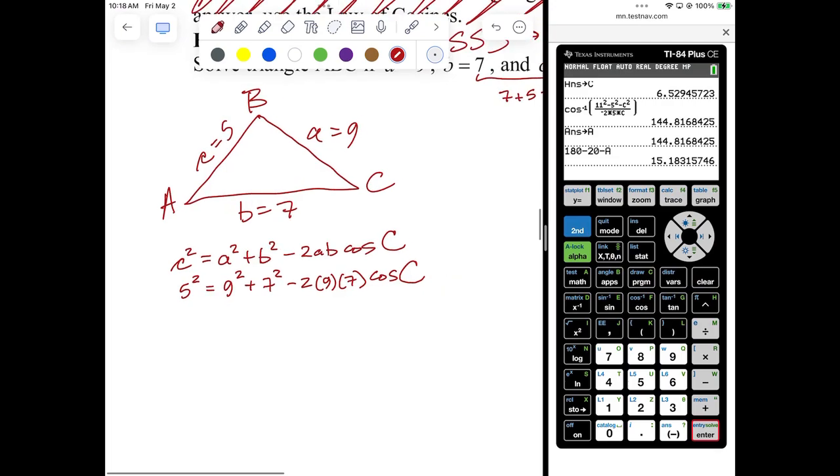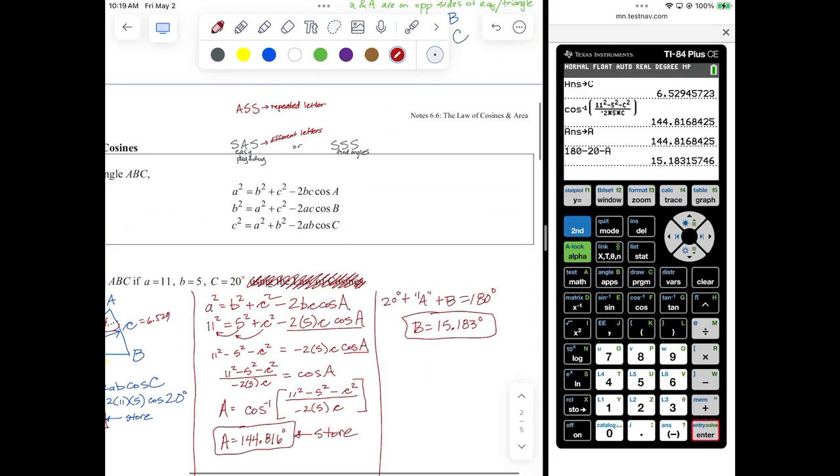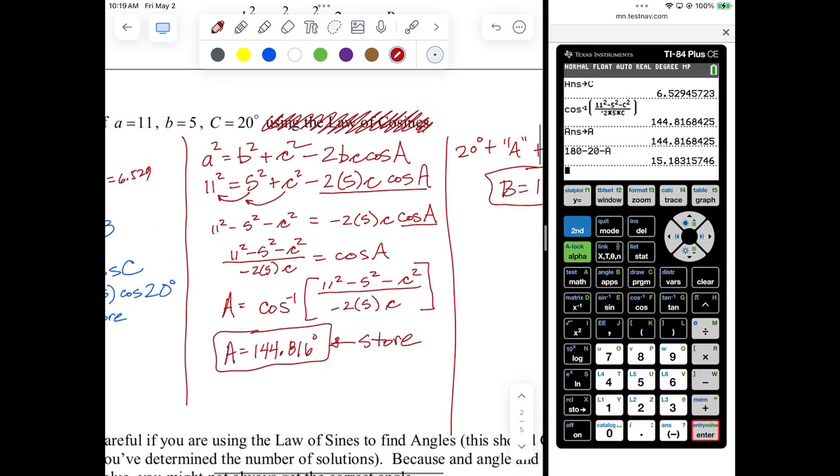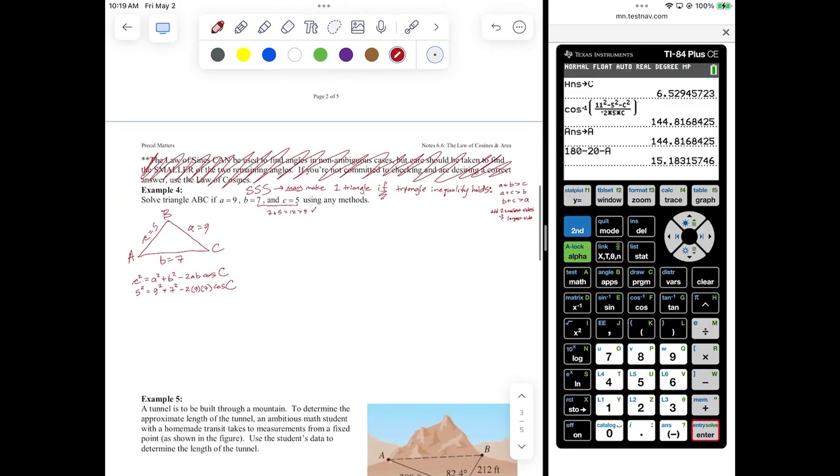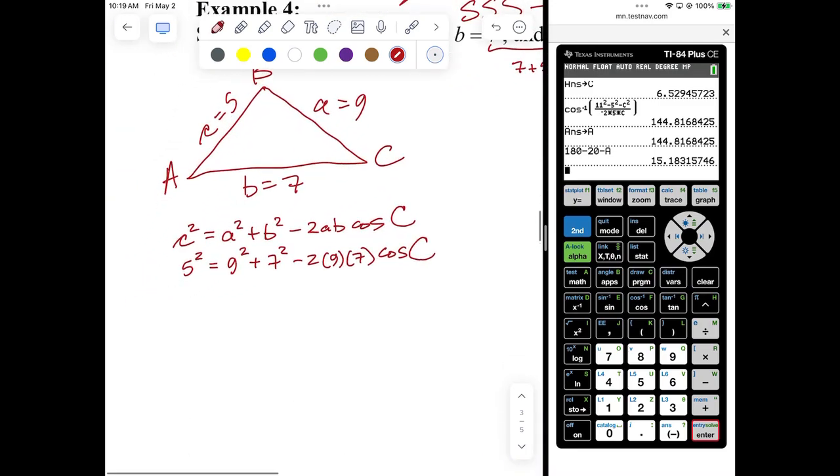Now, we're going to do the algebra in one step. If you need to do it incrementally, like we did up here on example 2, to solve for the angle, you can still do it incrementally. But you're going to be doing this so often that you're going to get used to it. We're going to end up, and I'm going to leave a little space on the left, with 5 squared minus 9 squared minus 7 squared. That's going to become the left side.